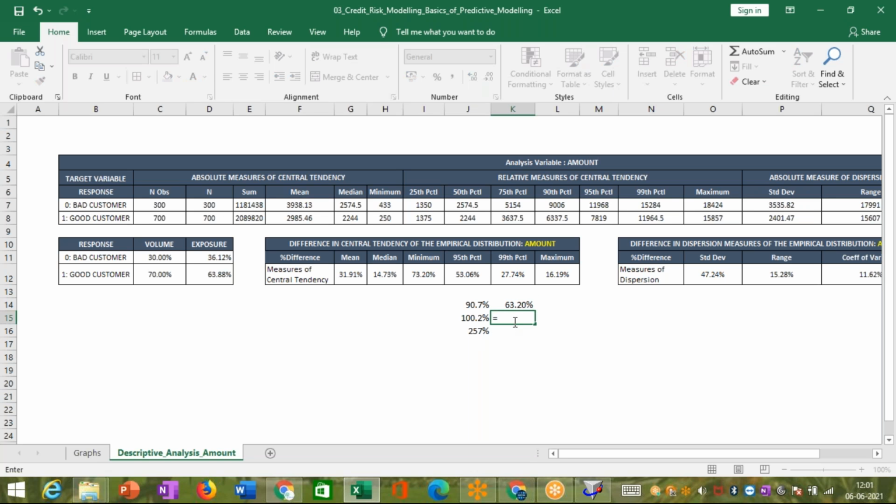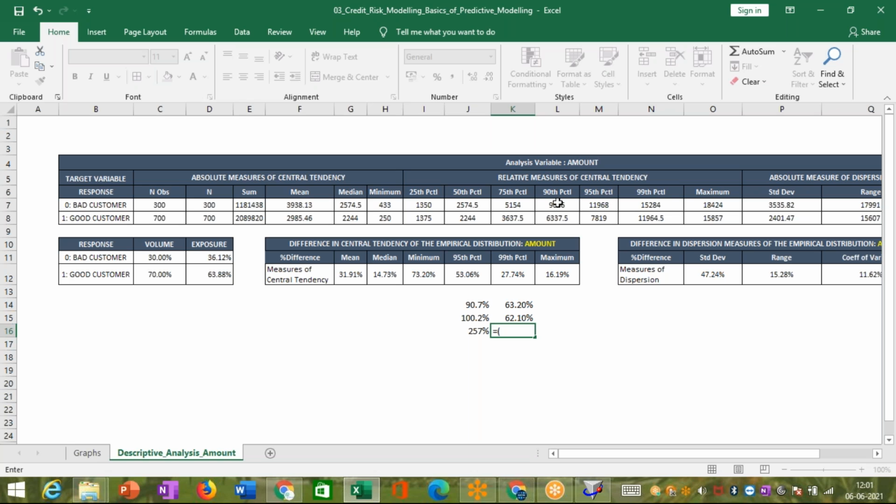Right. So from this particular part, if I compare the 75th percentile and the 50th percentile over here, you see the growth is more or less stable for the good borrowers, right?